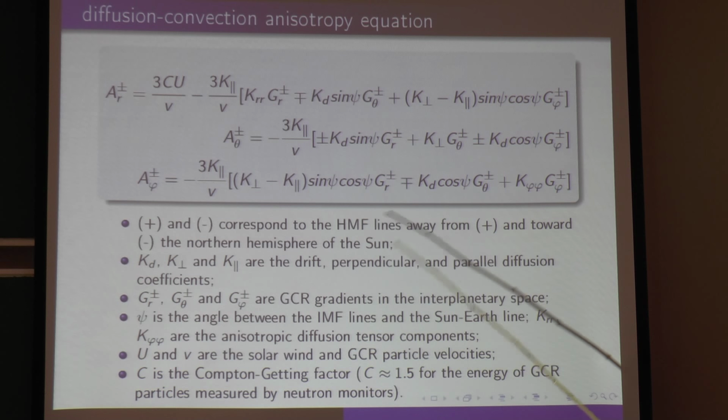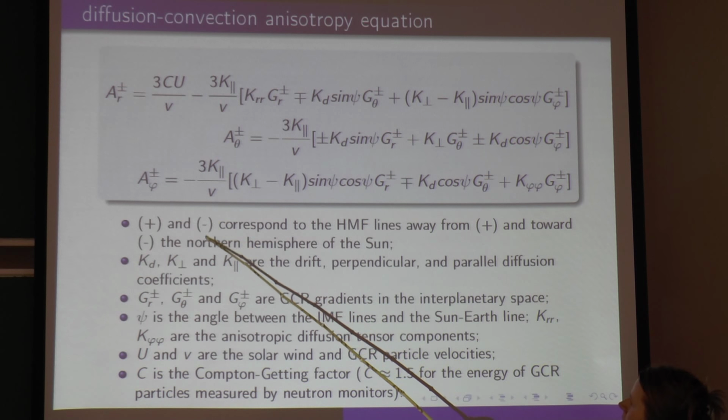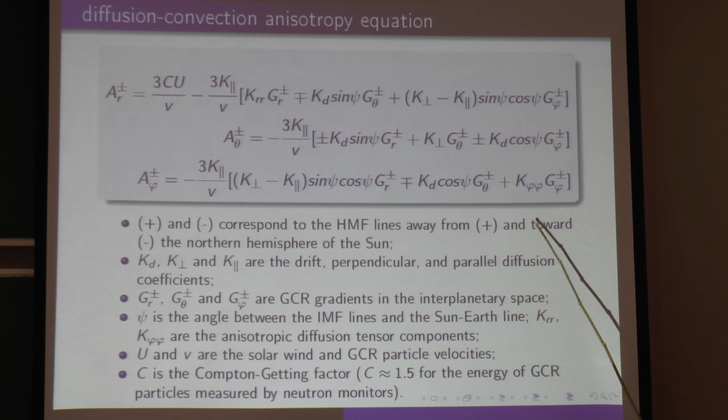In this equation, plus and minus correspond to different sectors of the interplanetary magnetic field. K is the diffusion coefficient, G are gradients, U is the solar wind speed, V is the cosmic ray particle speed, and C is the Compton-Getting factor.